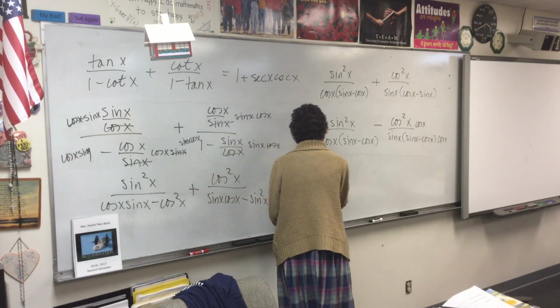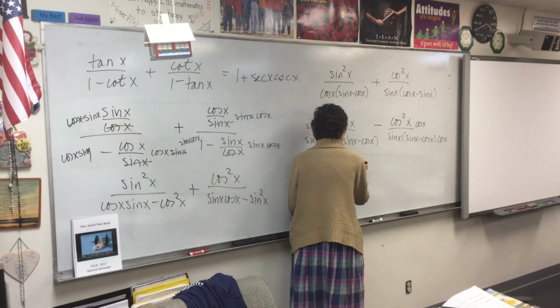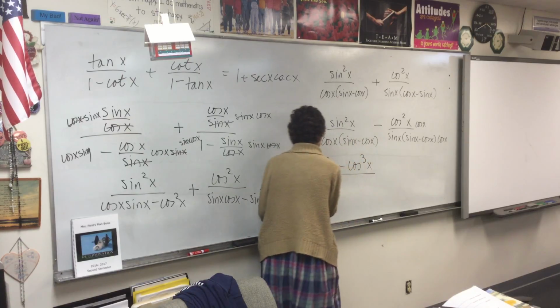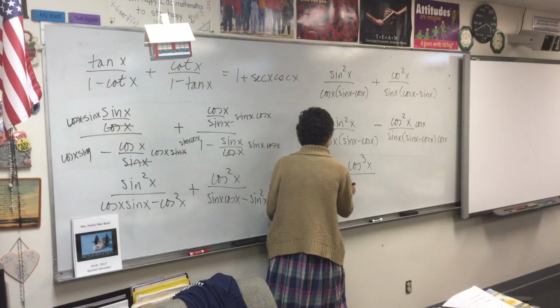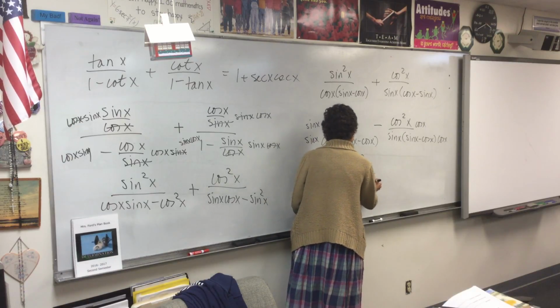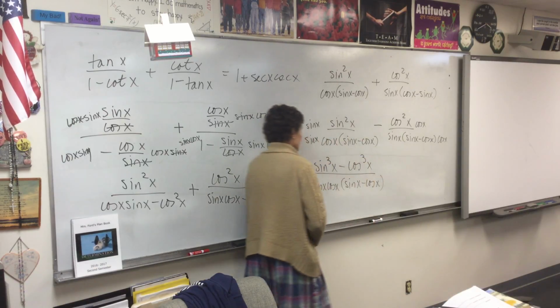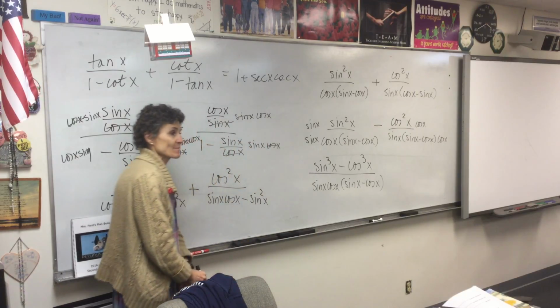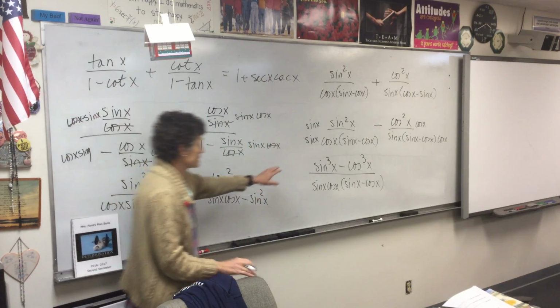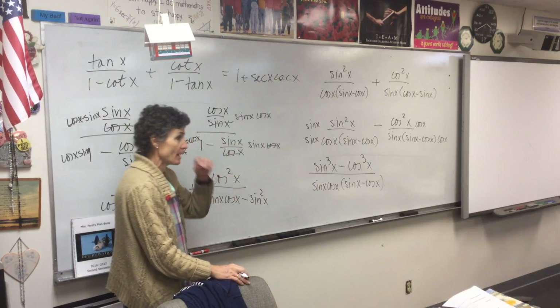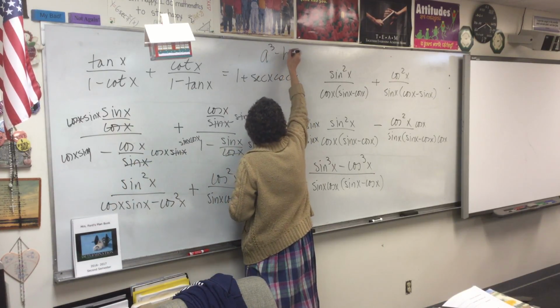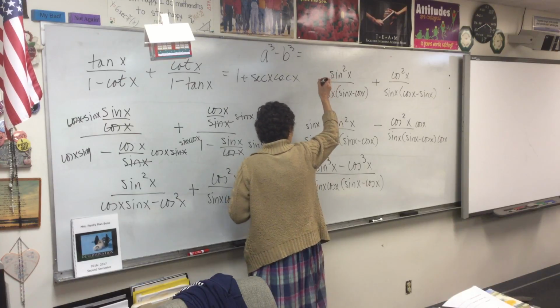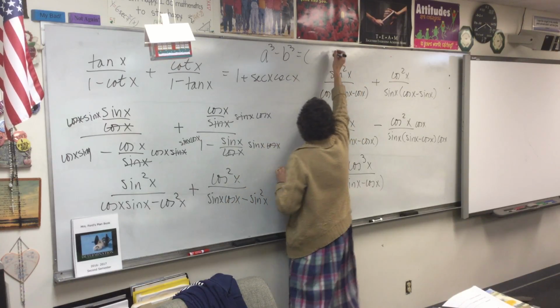So now I got sine cubed minus cosine cubed. Uh-oh. Think back to second year algebra. Can you factor cubes? The difference of cubes. Anybody remember how to do that? A cubed minus b cubed. Give you a hint.